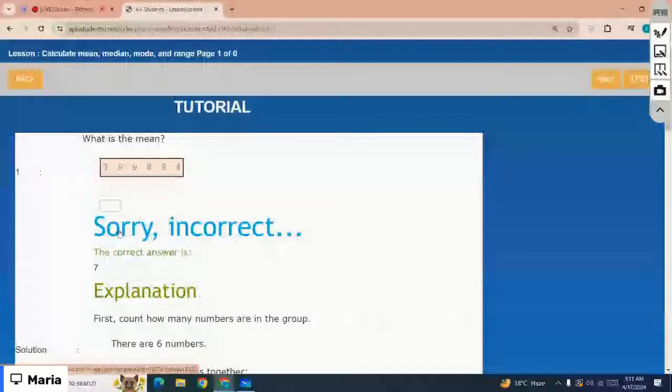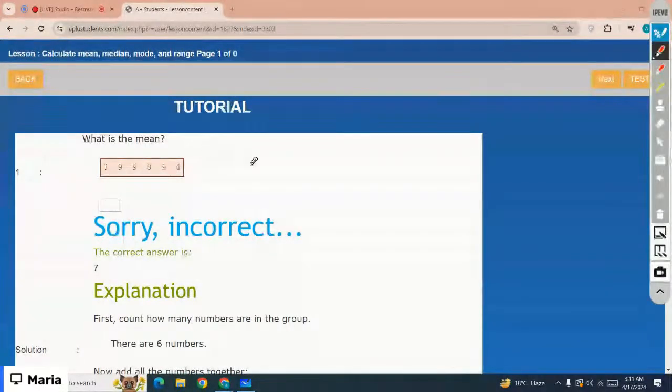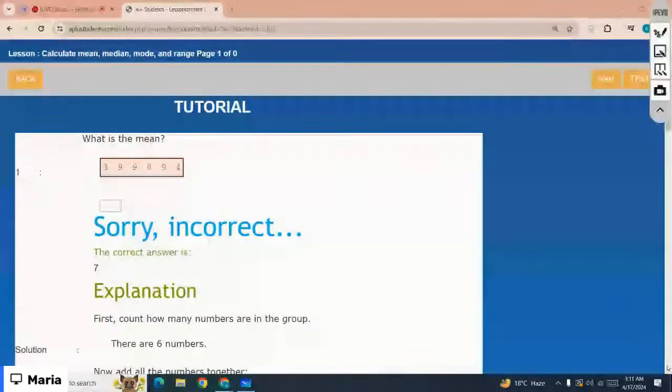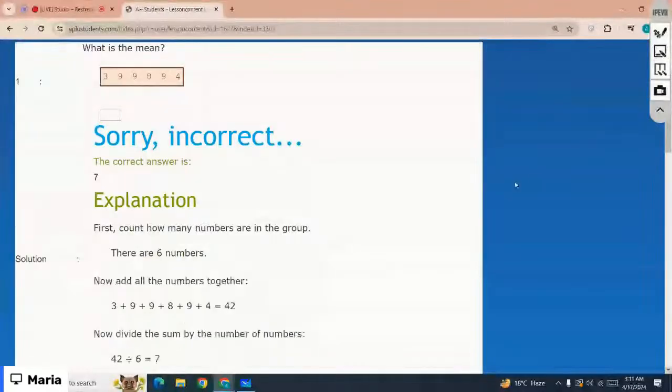The first one is: what is the mean? For the mean, you have to add them all. This is already solved, so why am I solving it? You have to add all the numbers: 3 plus 9 plus 9 plus 8 plus 9 plus 4. Their sum is 42.